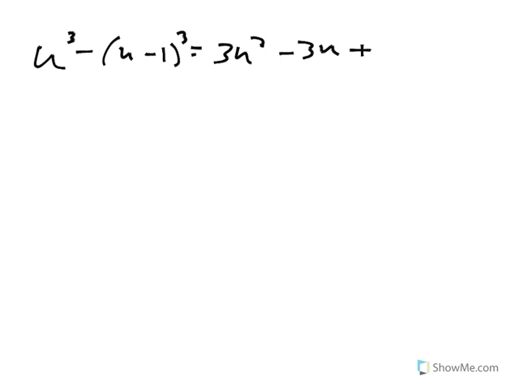Here it is again. So n cubed minus n minus 1 cubed is 3n squared minus 3n plus 1. Now I'm going to take this formula and plug the number 1 in for all the n's.